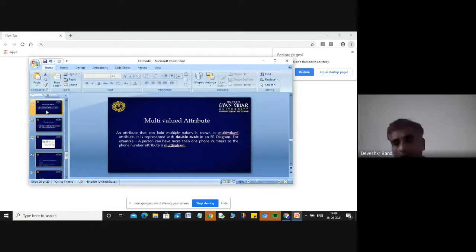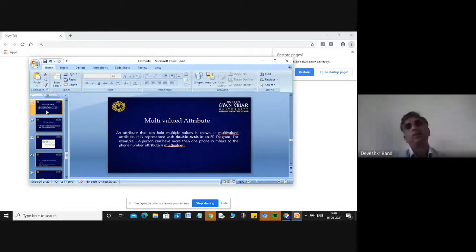And now I am talking about the multi-valued attribute. An attribute that can hold multiple values is known as a multi-valued attribute. It is always represented in double ovals in your ER diagram.